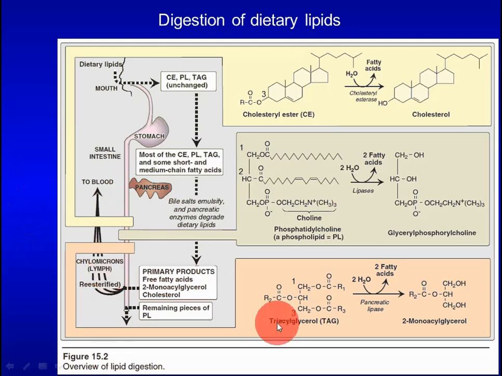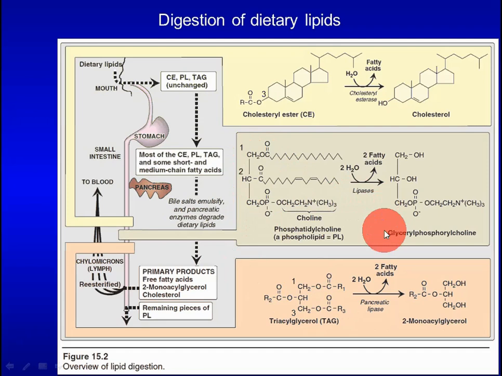Here is triacylglycerol. Two fatty acids are removed from position 1 and position 3 by pancreatic lipase. The result is 2-monoacylglycerol. Here is phospholipid. Two fatty acids are removed from position 1 and position 2 by 2 lipases.